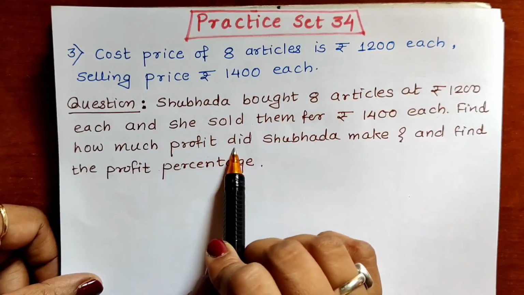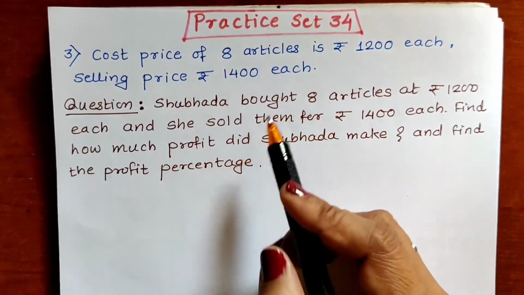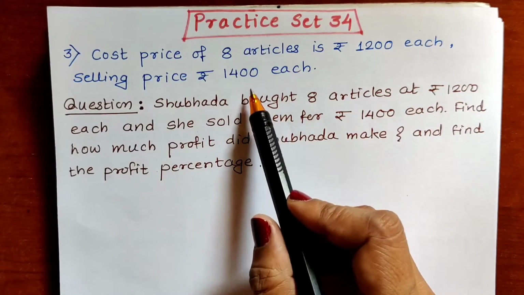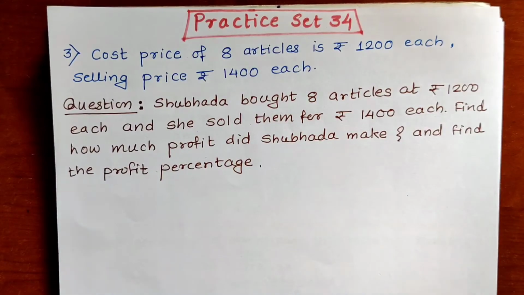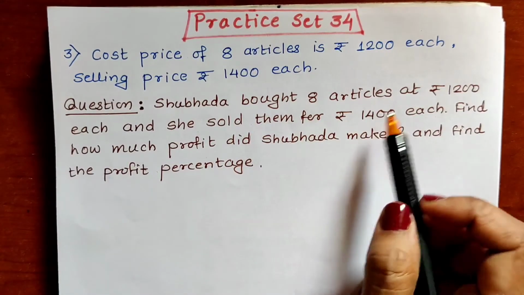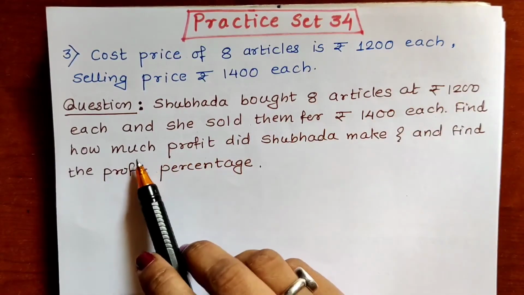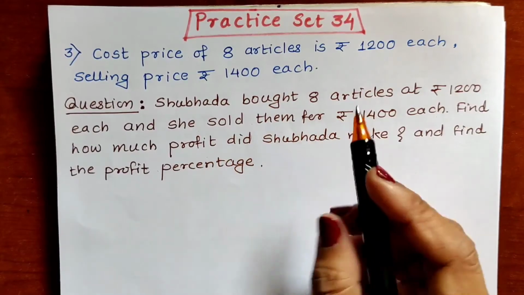Find how much profit Shubhada made. I have directly written profit because I can see that 1400 is greater than 1200. So we can directly write how much profit did Shubhada make and find the profit percentage.